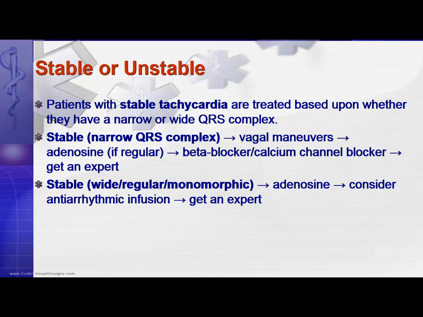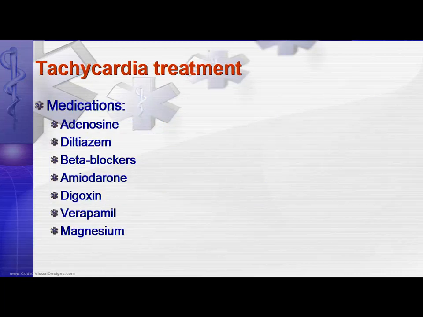If it is a stable, wide, regular, monomorphic rhythm, if you look at your algorithm, it does allow adenosine to be given due to some different origins of these rhythms, but in most cases you probably are going to want to go with an antiarrhythmic infusion. I've seen most situations where they try Cardizem before anything else. You've got to be careful with Cardizem, though, because it does cause profound hypotension. So your medications that you may see essentially treating the tachyarrhythmias: adenosine, Cardizem, your different beta blockers.